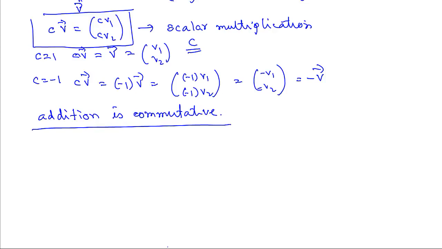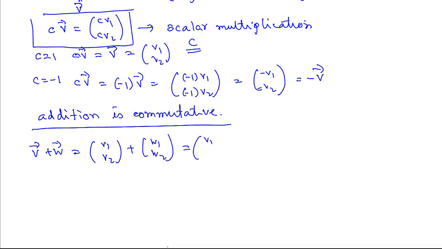Let's see. I have two vectors v and w, and I'm going to add them like this, v1 w1, v2 w2, added.